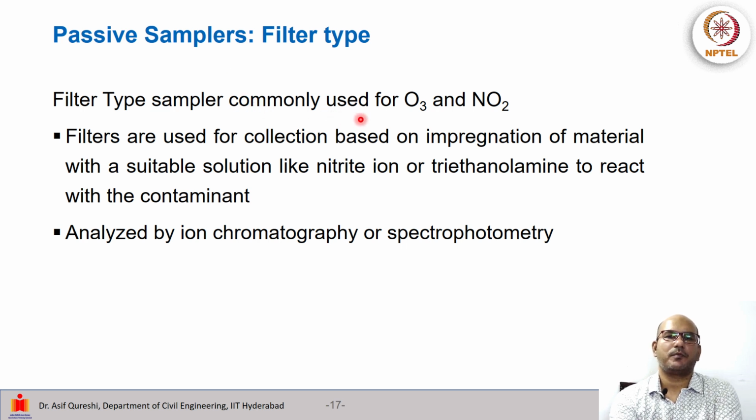These samplers are commonly used for ozone and NO2. Now filters are used to collect, and these filters are impregnated with a suitable solution such as nitrate ion or triethanolamine to react with the contaminant. And then when the contaminant is adsorbed or reacted to this suitable chemical, one can later extract and analyze them.